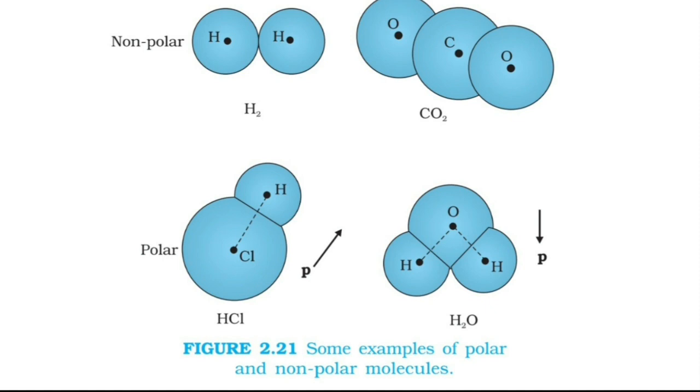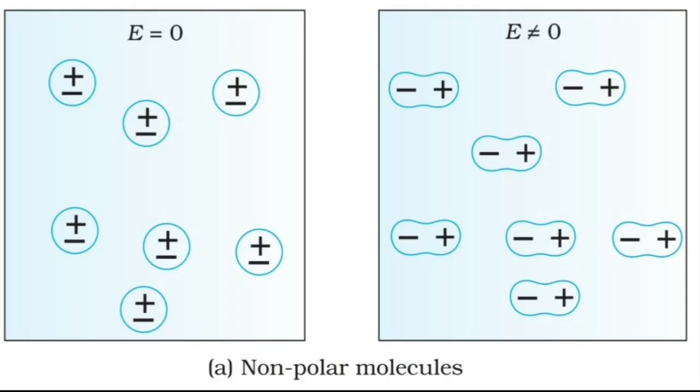Got it? That makes the difference between polar and non-polar molecules. So a dielectric itself can be of two types, made of polar molecules or non-polar molecules. For polar molecules, you have examples HCl and H2O, and for non-polar molecules, you have H2 and carbon dioxide, CO2.